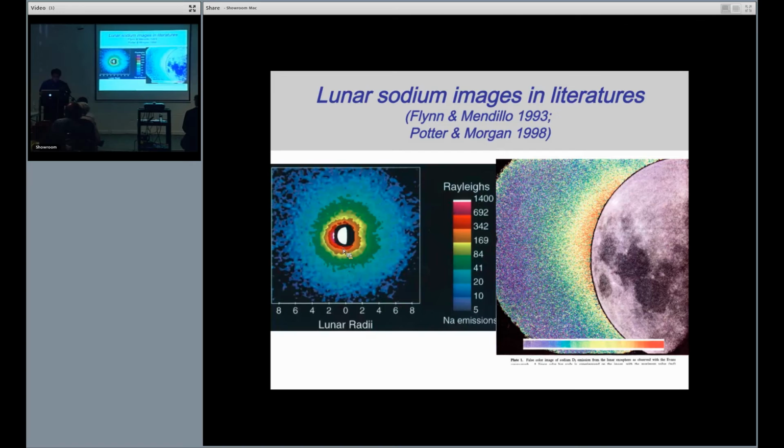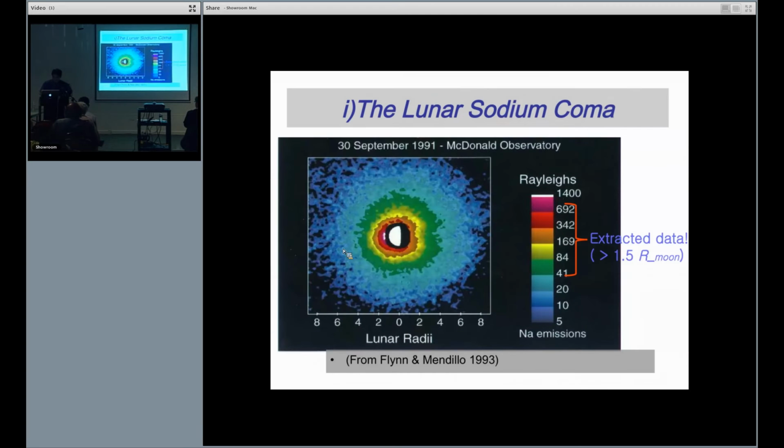Unfortunately, so far there are only a few published sodium images in the literature. These come from Flynn and Mendillo, and Potter and Morgan, and these two images were obtained by coronagraphic observations. Actually, Flynn and Mendillo's first coronagraphic image is very valuable for us.